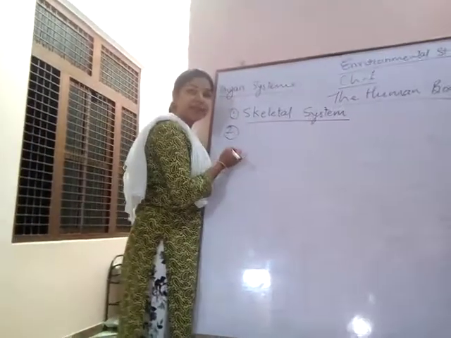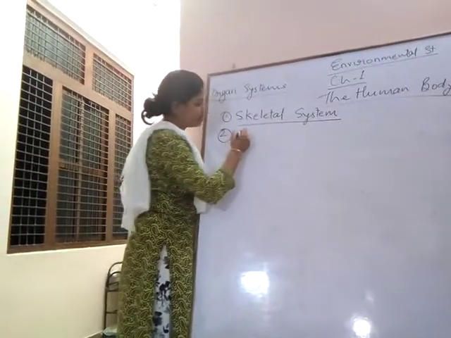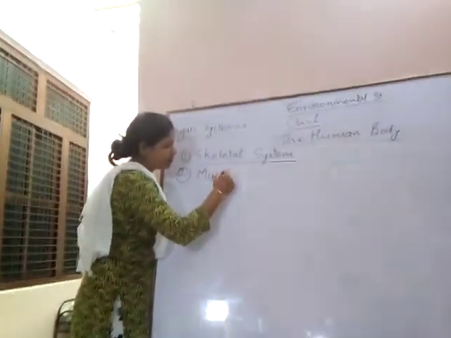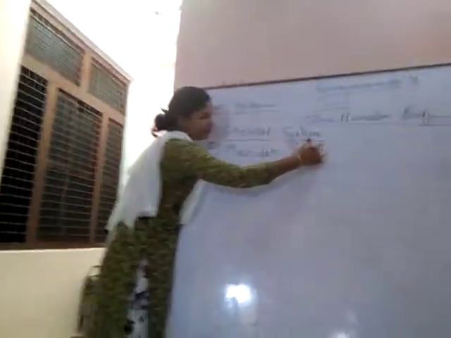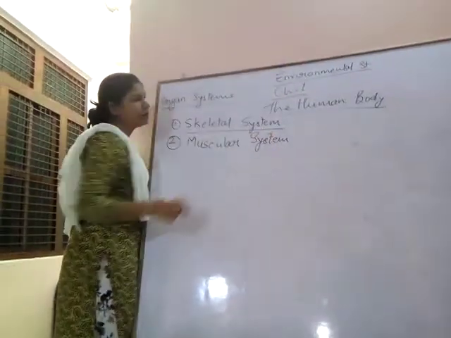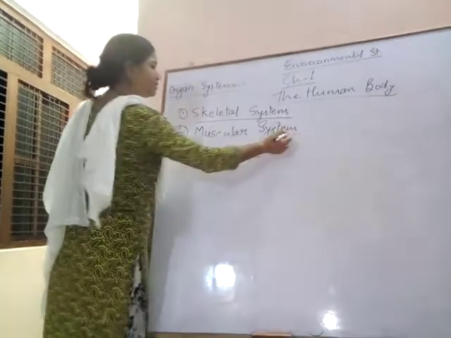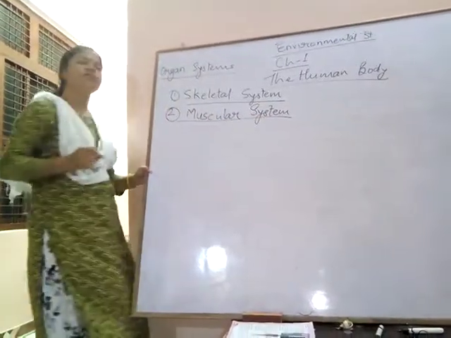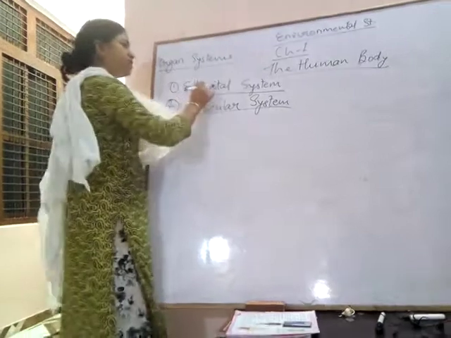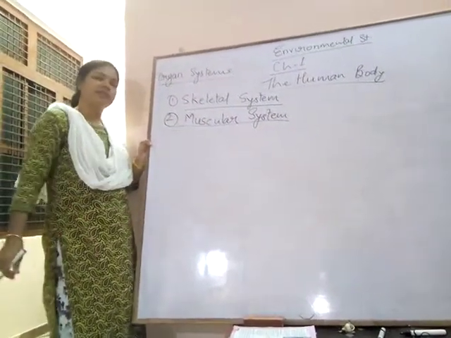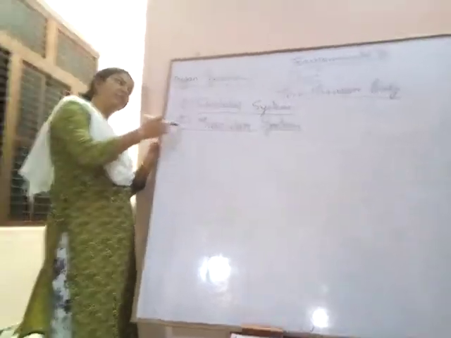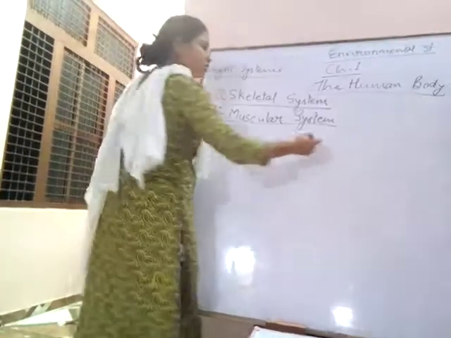Our next organ system is the muscular system. I hope you all understood the skeletal system. See, the skeletal system is covered by different muscles, and that system is called the muscular system.